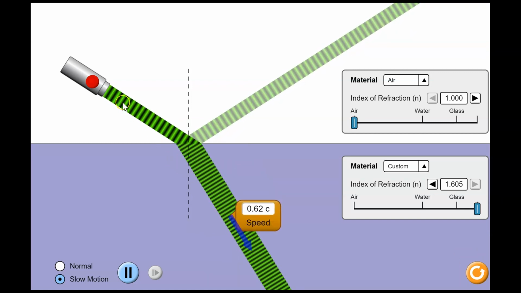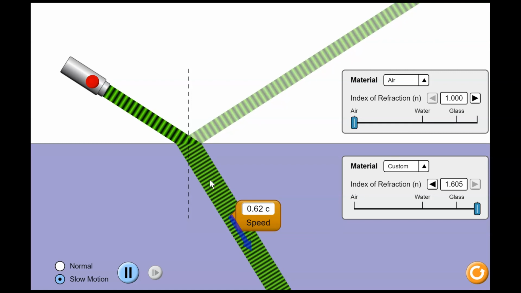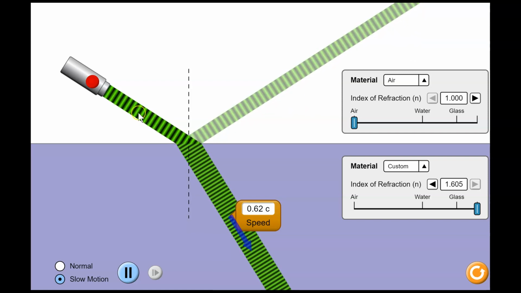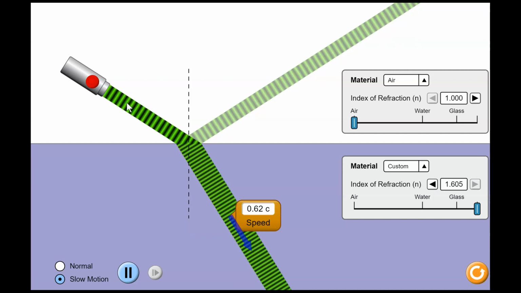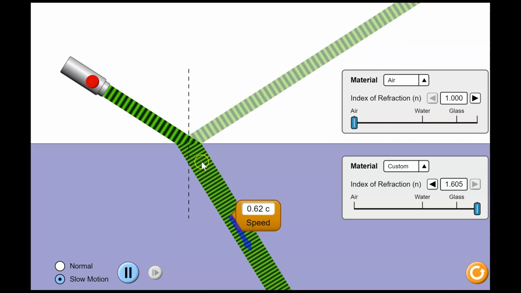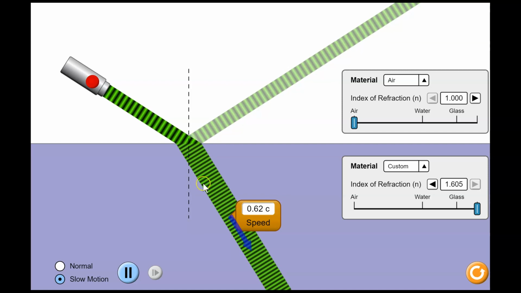The wavelength here is long, the wavelength here is short. So in order to keep the energy, the number of waves crossing the boundary right here, to be the same, this means that faster apparent speeds of light have longer wavelengths. When they're at a higher index of refraction, you get smaller wavelengths.